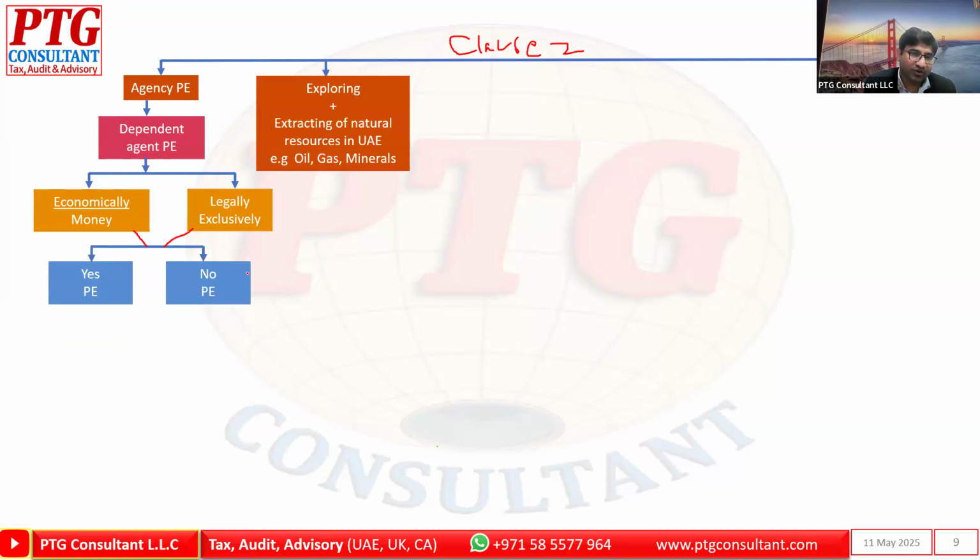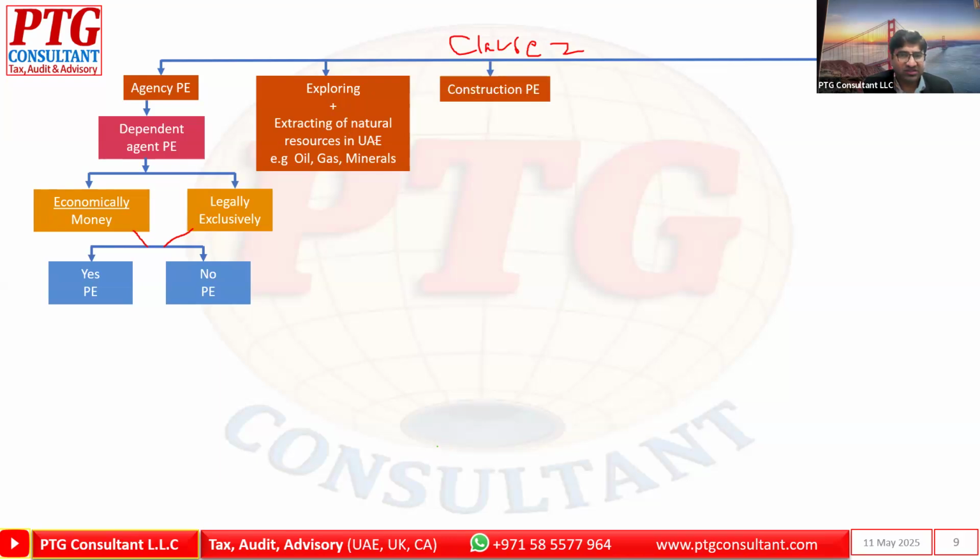If they are not met, no PE. Then next is exploring and extracting natural resources in UAE, oil and gas. We are familiar that the UAE has natural resources, and the main ones are oil and gas. Many companies come to UAE and explore the natural resources, so they also fall under the PE condition.